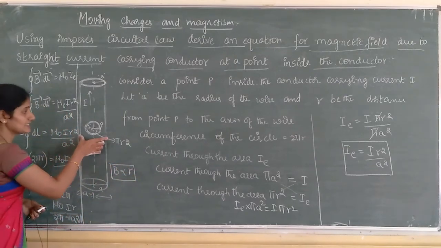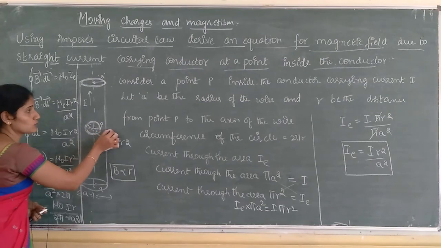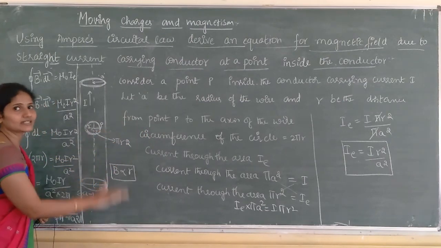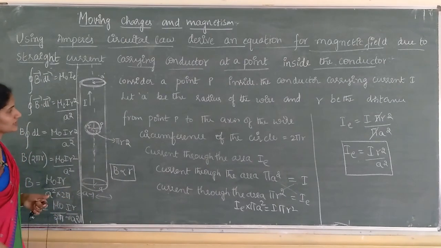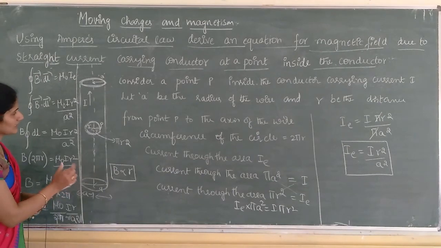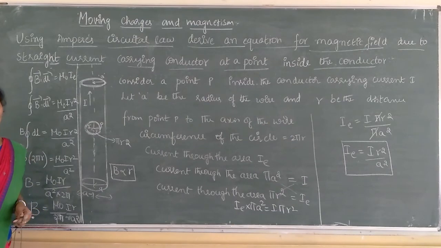Inside the conductor, as r increases, the magnetic field strength also increases. But outside the conductor, as r increases, the magnetic field strength decreases. So, outside the conductor, the magnetic field is inversely proportional to r, whereas inside the conductor, it is directly proportional to r. This is the basic difference between the magnetic field at a point outside and inside the conductor.